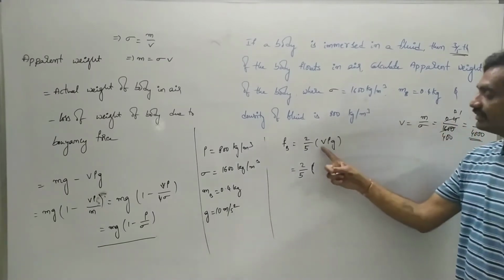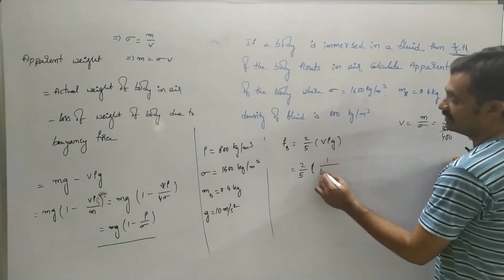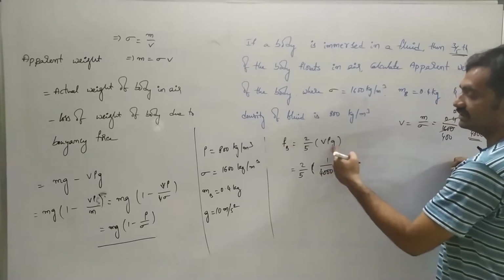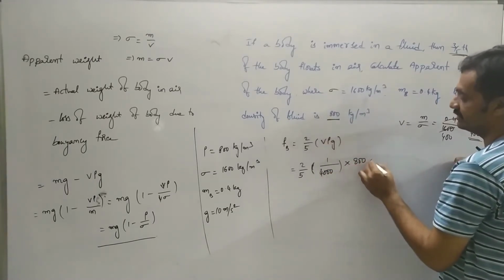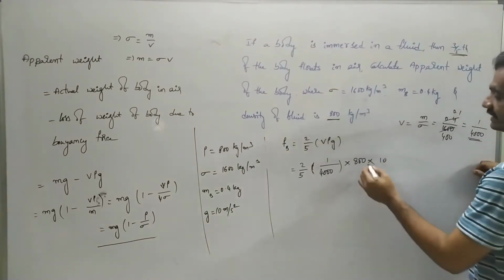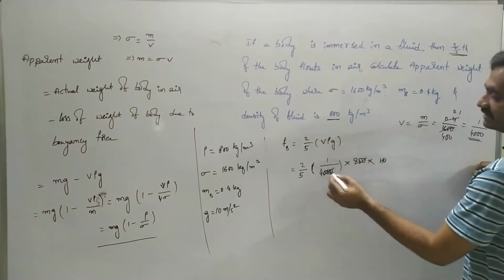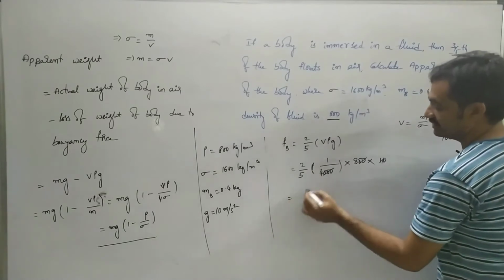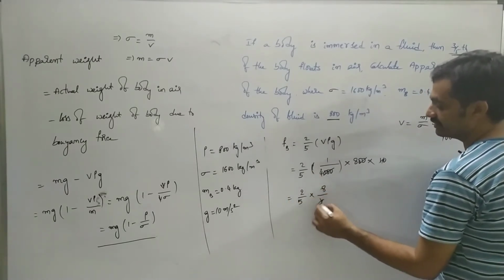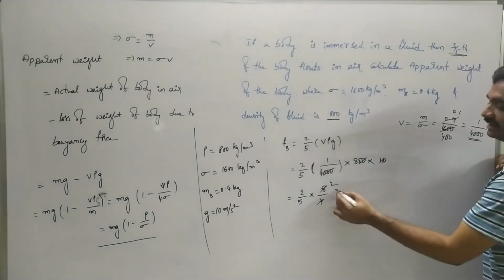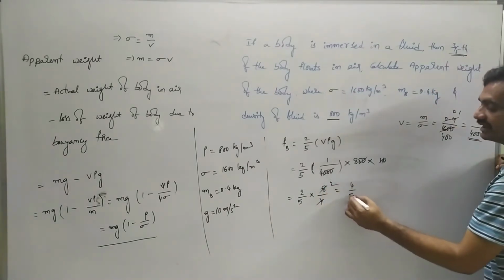In the place of volume, we substitute 1 by 4000 into the density of the fluid, 800, into the acceleration due to gravity, 10. After that, 2 zeros get cancelled and 3 zeros get cancelled. Then the expression is 2 by 5 into 8 by 4. 4 2s are 8. Then here we have 4 by 5.